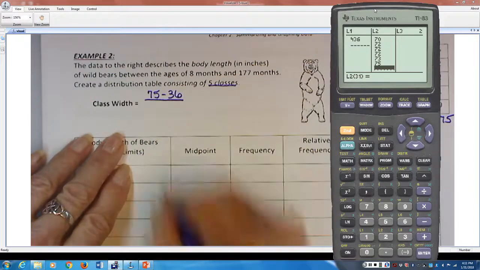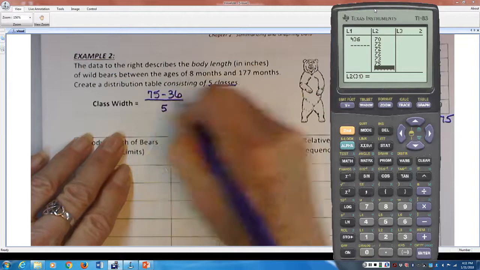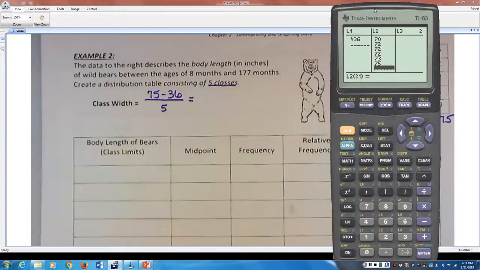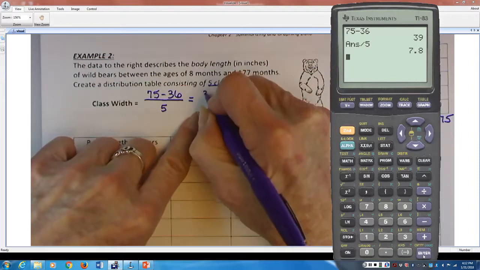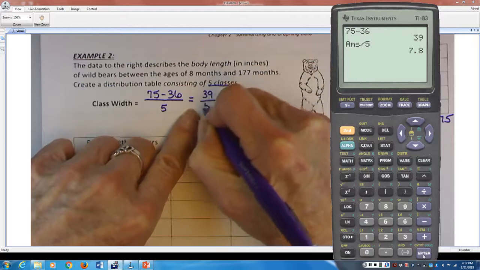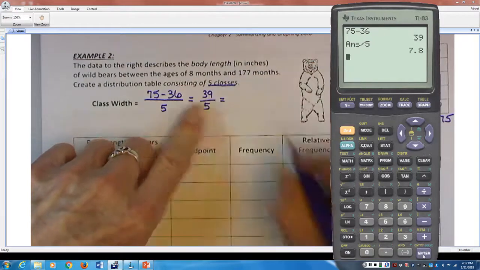Five classes means I divide by 5. So that's 39 divided by 5, which gives me exactly 7.8.